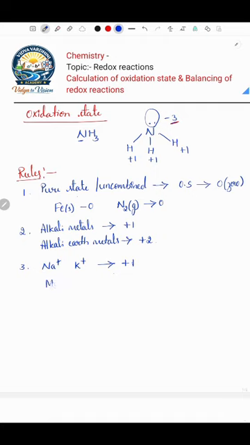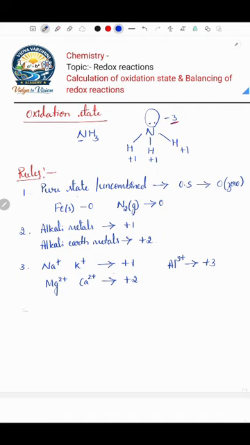And one more example, Mg2+, Ca2+. In this, 2+ is the charge, correspondingly their oxidation state will be +2. And another example, Al3+, correspondingly their oxidation state will be +3. Okay, this is the third rule.